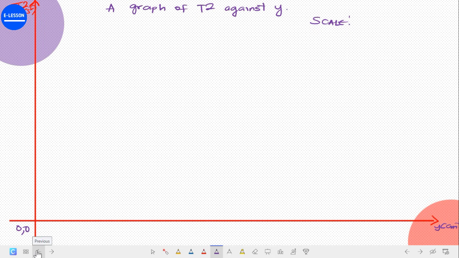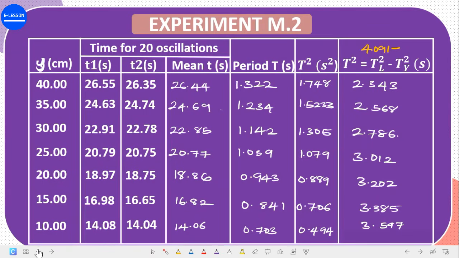So we have on the t square axis, what do we have? Then on the y axis, we have 10, 15, 20, 25, 30, 35, and 40.